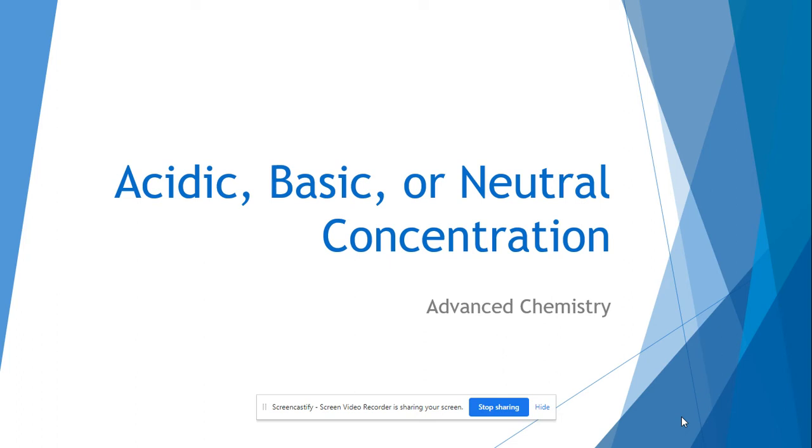Hey class, today we're going to learn whether something is going to be classified as acidic, basic, or neutral in terms of the concentration of something. So remember, concentration is how many moles of solute divided by liters of solution.